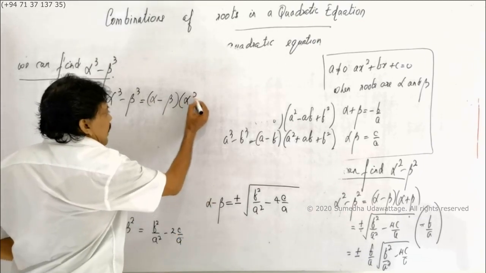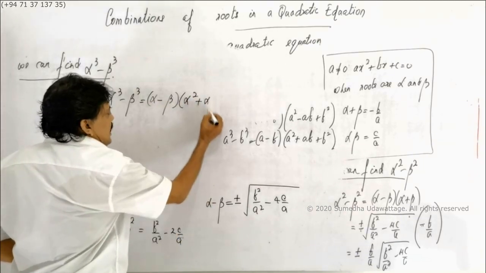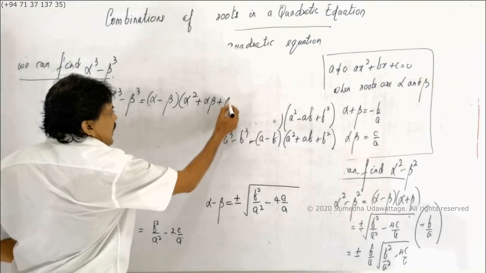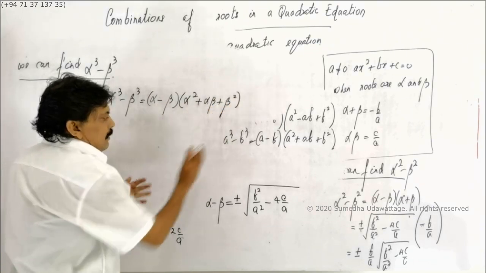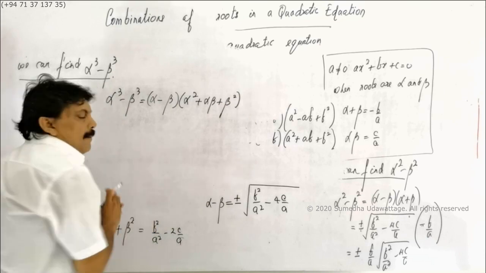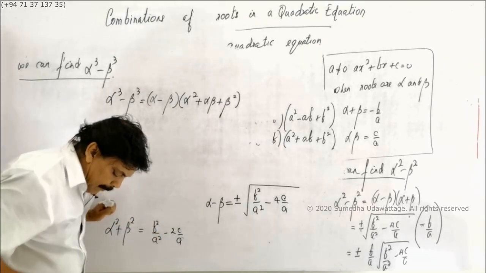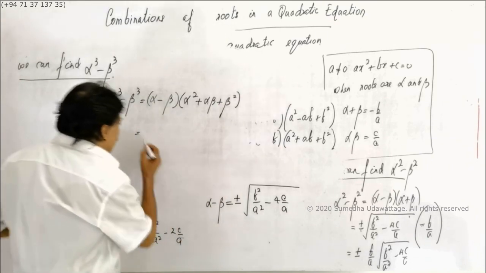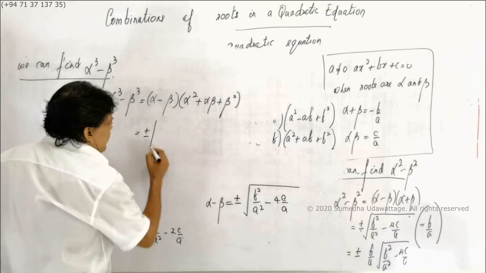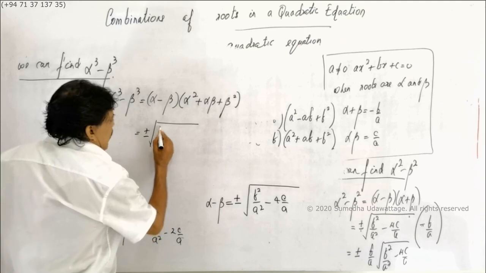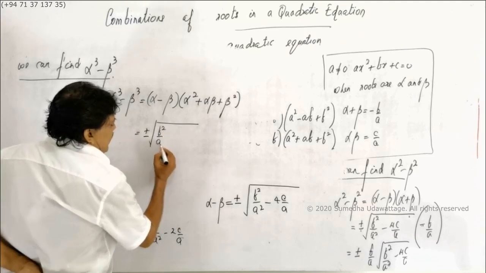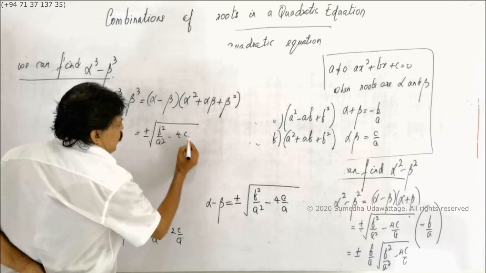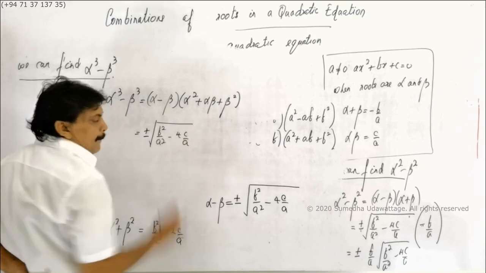Alpha squared, multiply and change the sign, then you get beta squared. Alpha minus beta, we found a little before, plus or minus square root of b squared over a squared minus 4c over a.